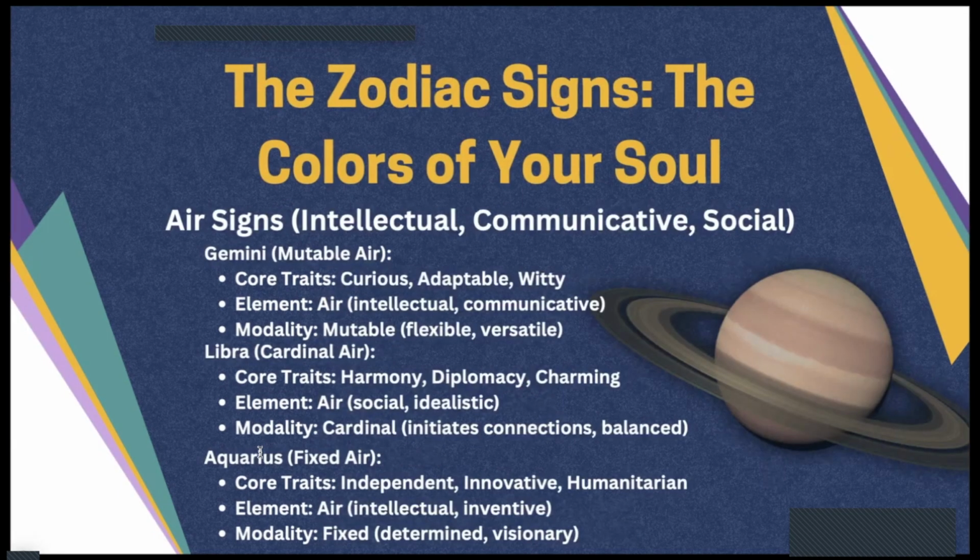Moving right along, we have the air signs: intellectual, communicative, social. These are the networkers. Gemini is a mutable air. So the way that Gemini expresses the element of air is intellectual and communicative. The modality is mutable, so it's flexible, versatile.